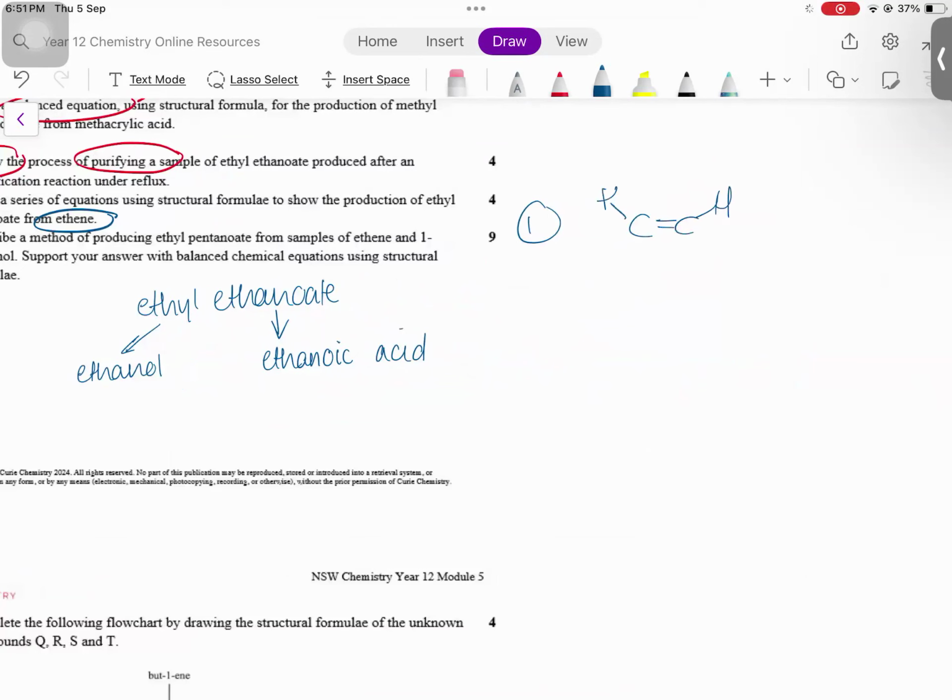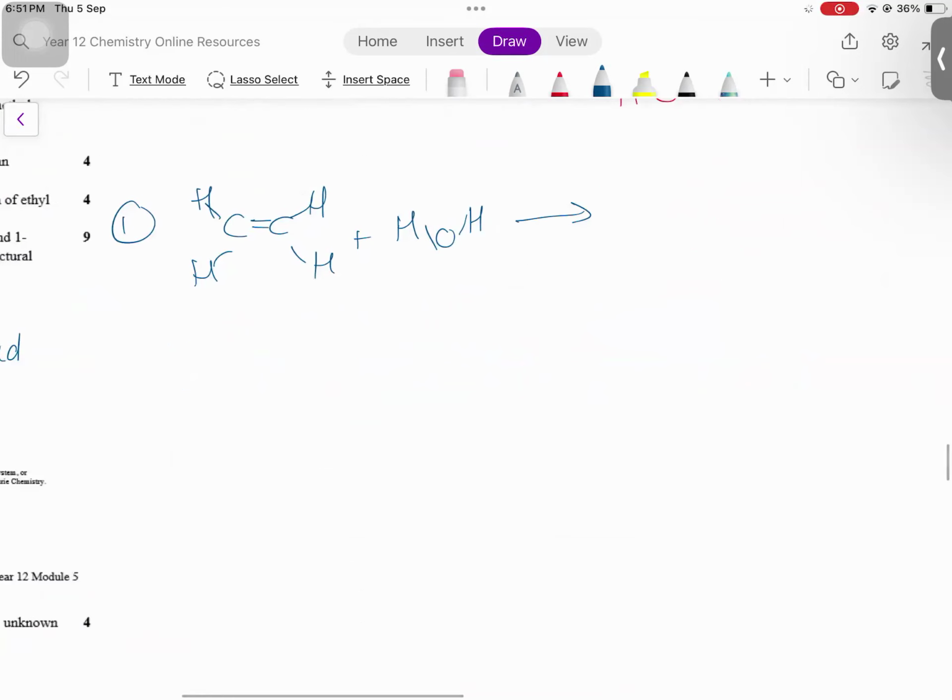This is ethene. I would add HOH. Single arrow. What do I write above my arrow? I need a hydrating agent. Dilute H2SO4. Yes, dilute H2SO4. And then I will make my ethanol, and that's good. So I've got the alcohol now, it stops there.